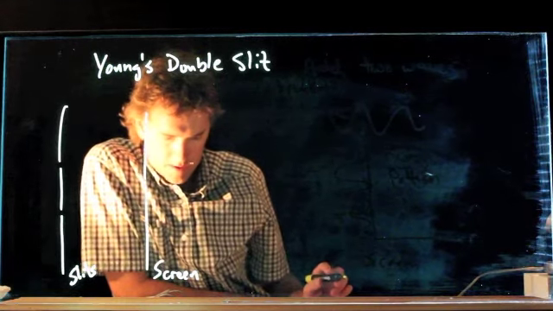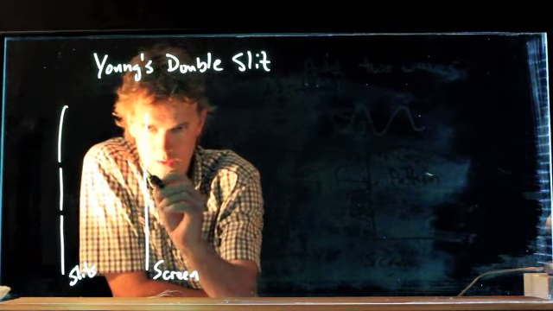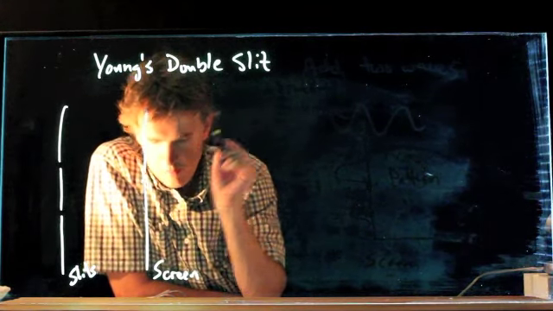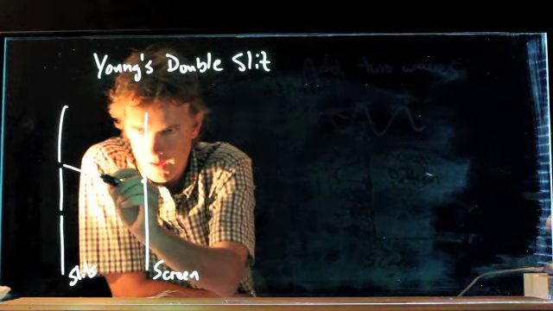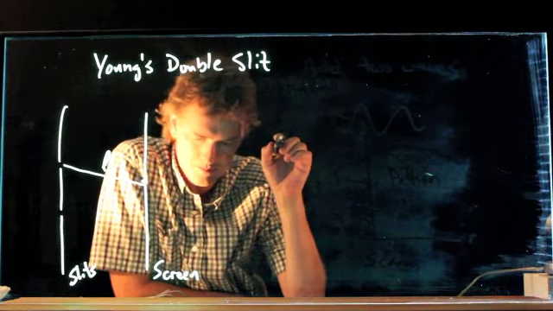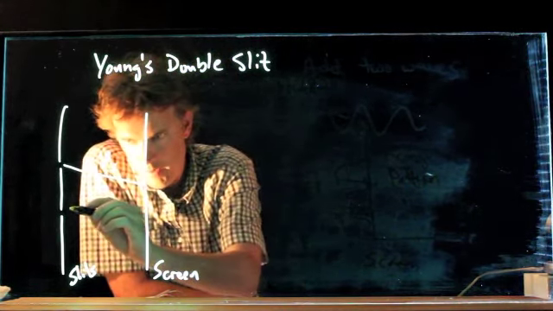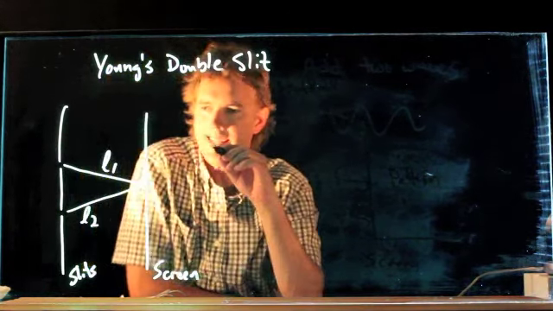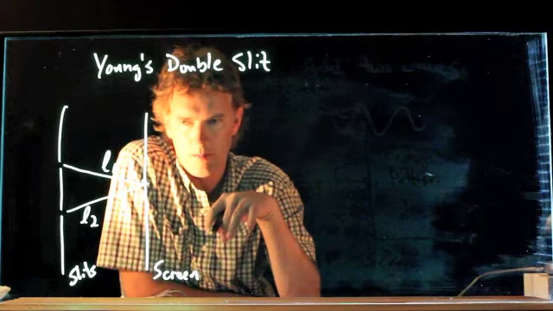If I think about a region on the screen here, right there, light from this slit has to travel a distance L1 to get to that point. Light from this slit has to travel a distance L2 to get to that point.